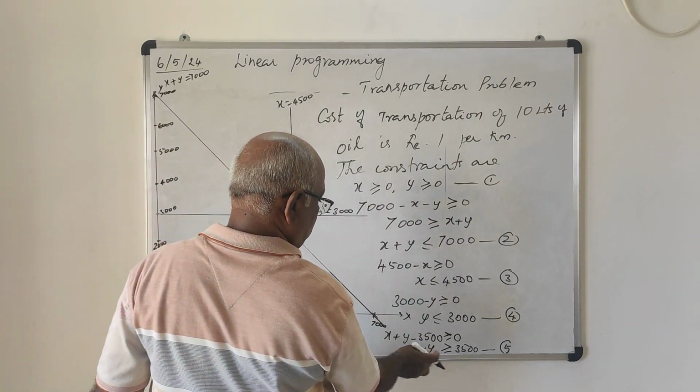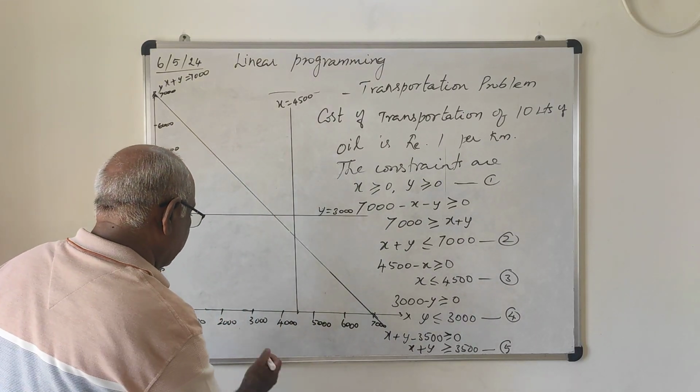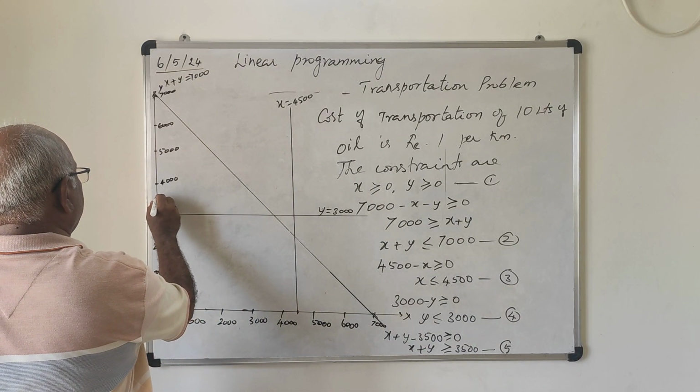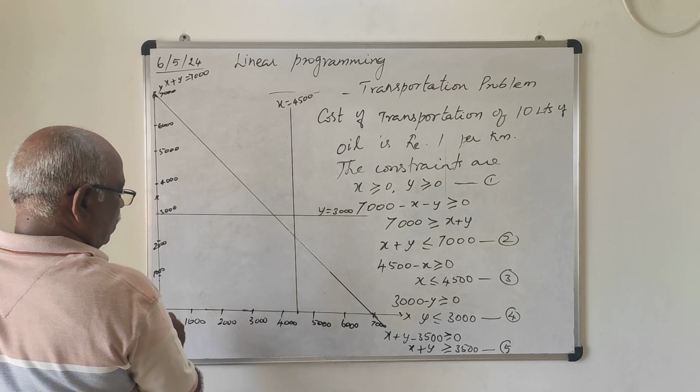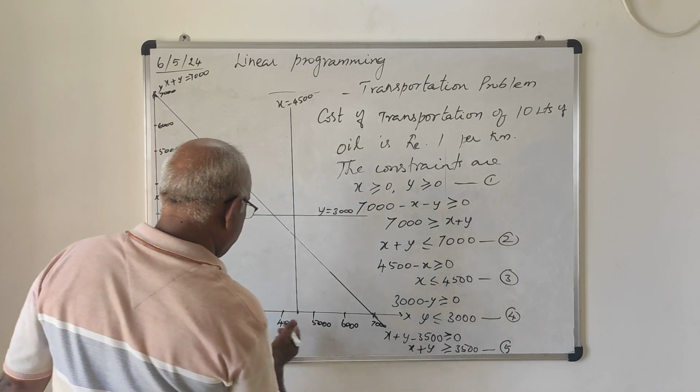And the final equation is x plus y equal to 3500. If you put x equal to 0, y equal to 3500. And y equal to 0, x equal to 3500.